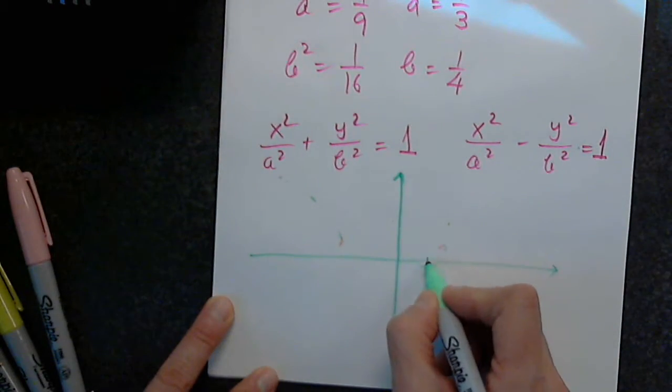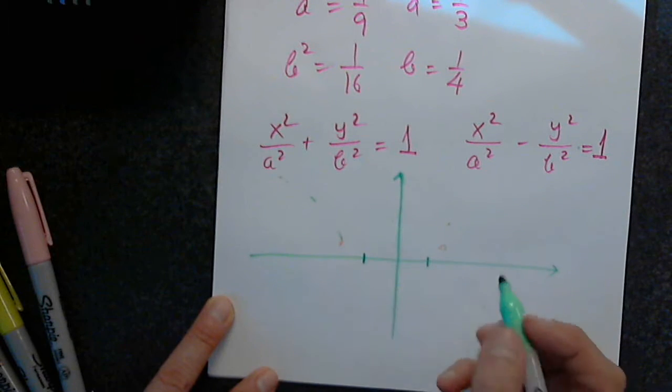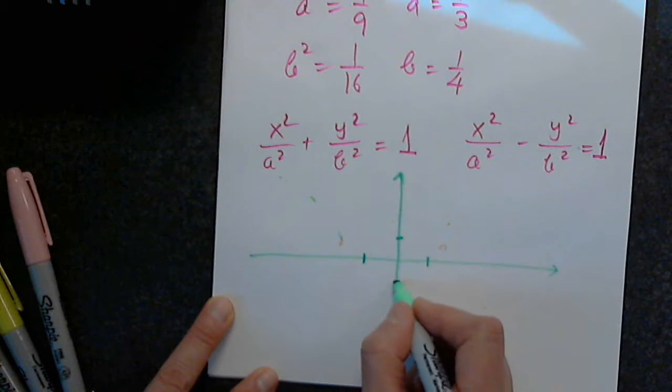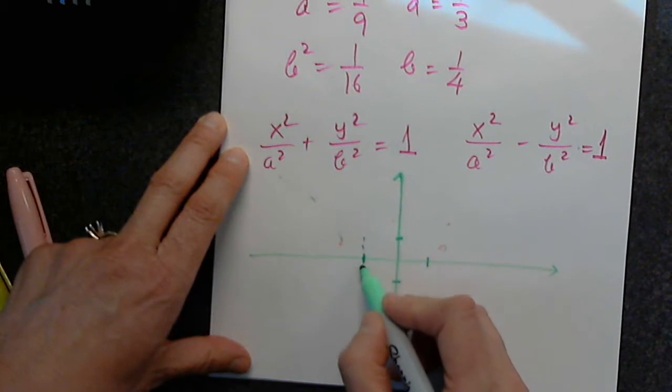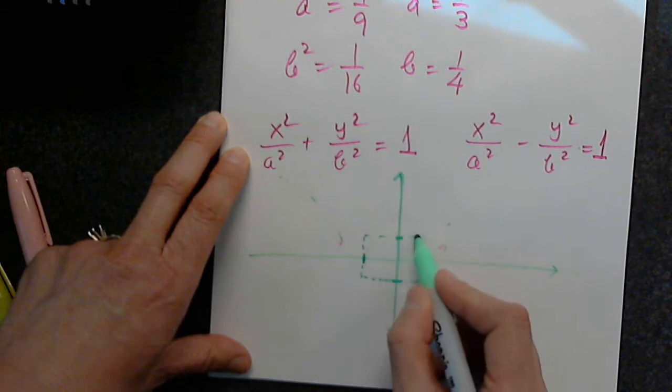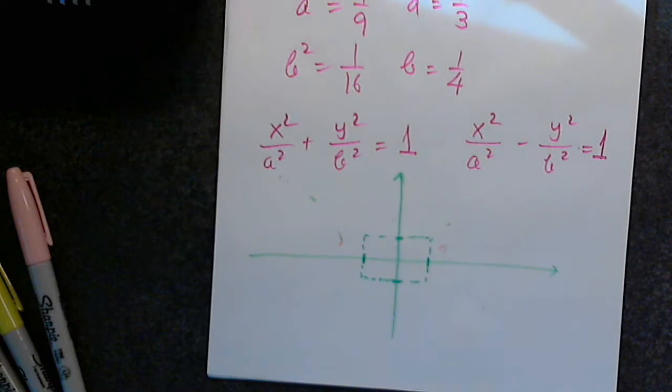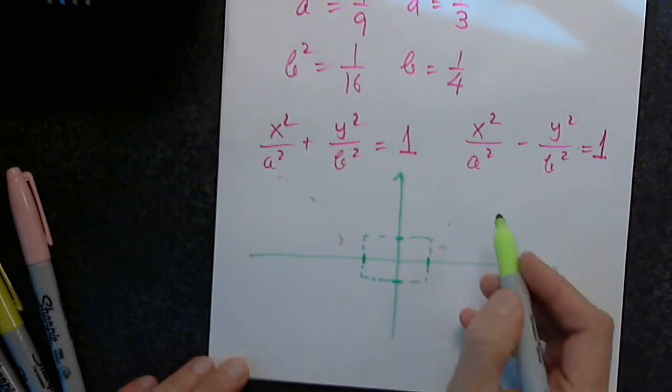I'm going to say that this is 1/3 and this is 1/4. It's not to scale, but these numbers are kind of difficult to work with. So this is the center box.